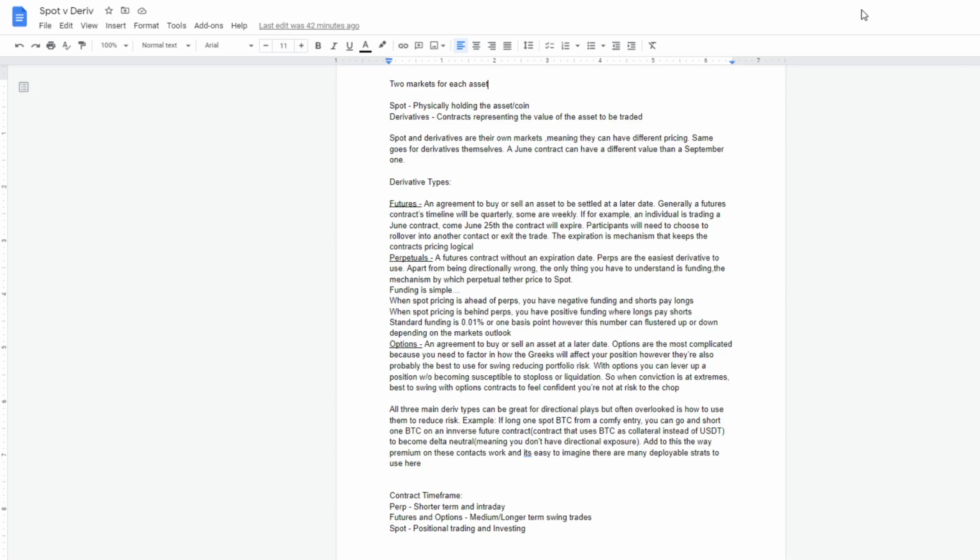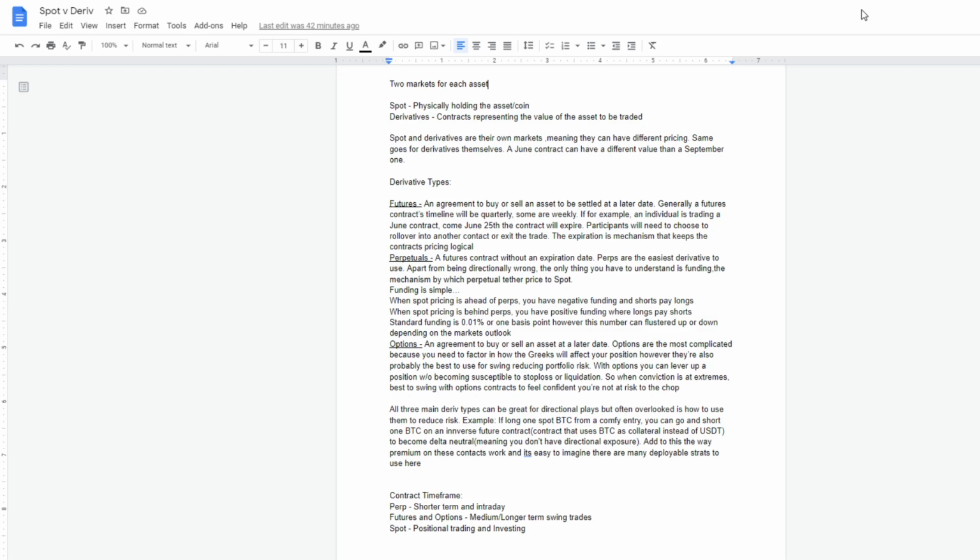So if Bitcoin spot is at 35,000 and futures contract is at 45,000, right? They can long spot, short derivative and collect a premium in between, and they're getting paid to make the market more efficient. So a little bit of a tangent, but it all ties into the same lesson here.